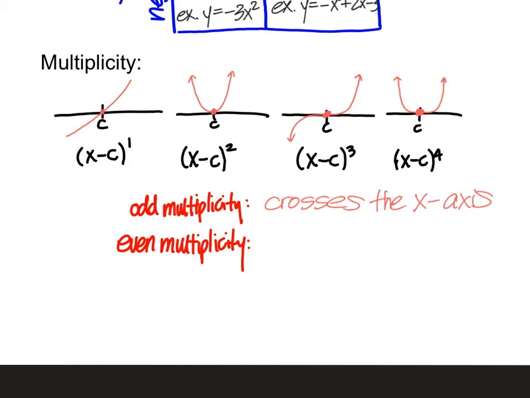So I'm going to say it bounces off the x-axis. The higher the multiplicity, the flatter your graph gets at the x-intercept. So here we have multiplicity and we have end behavior.